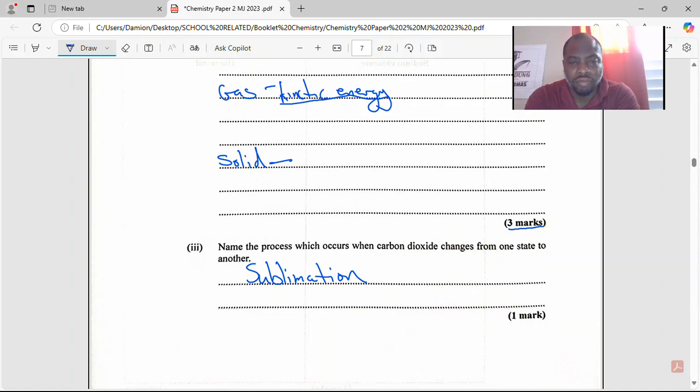The process when a gas moves from to a solid. You sure? It moves from solid to gas. So solid to gas. Yeah? The other way would have been deposition. Oh, all right.